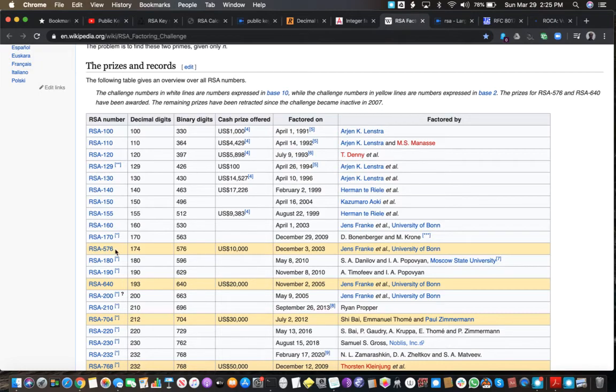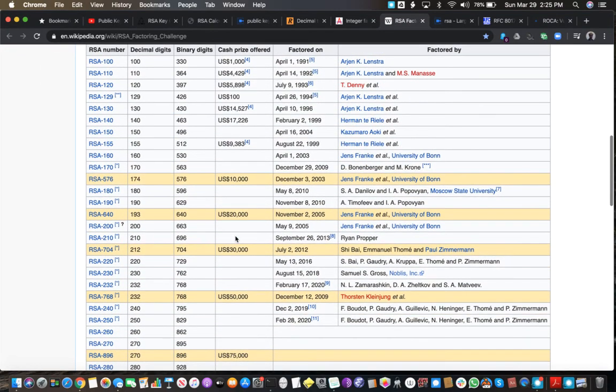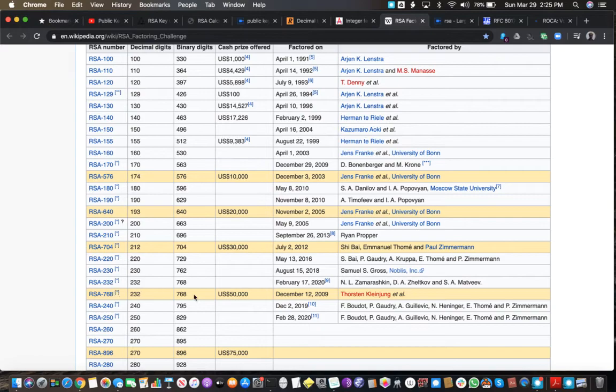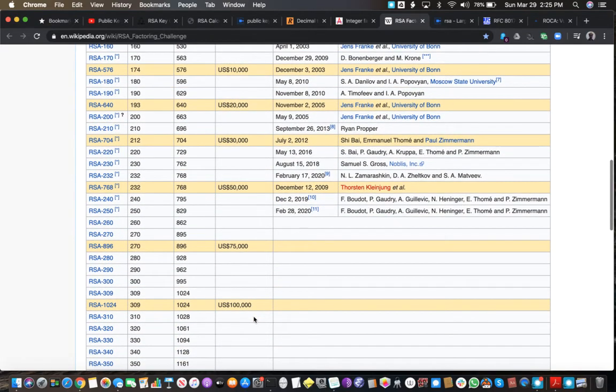But this was the big deal. This was the 512-bit modulus. Oh no, that was up here, and they got 9,000. Huh, less than for 463. Okay, so here 768 was 50K, and that was one. These, I guess, have not been paid out.